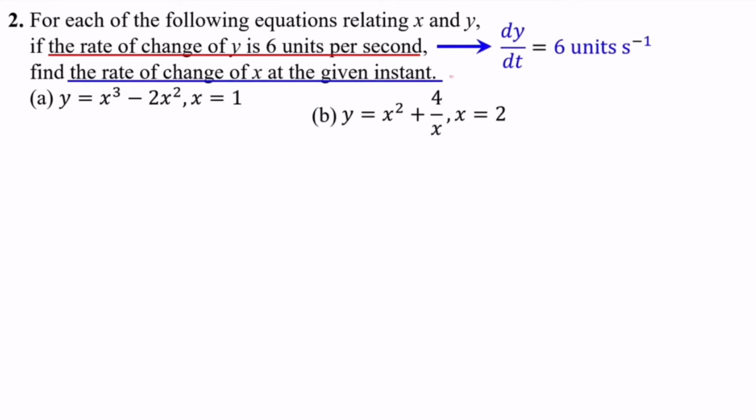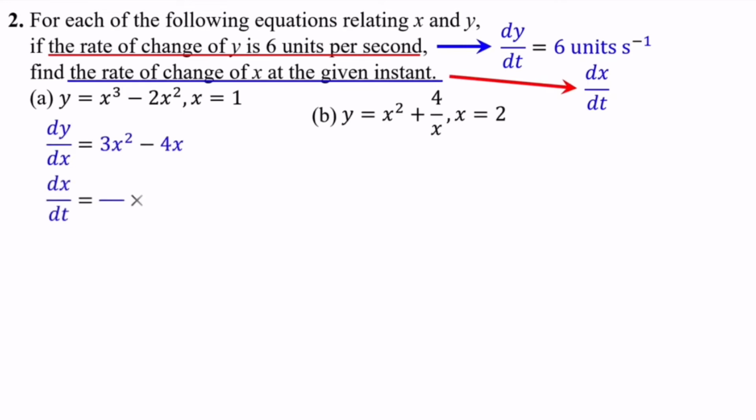So we are going to find the rate of change of x at the given instant. So how to convert rate of change of x? Rate is over time. So dx/dt, we are going to find this. So we will write dx/dt equal to dx over something times the something over dt, right?